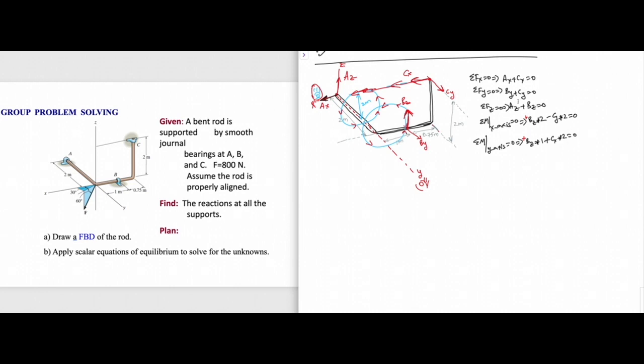What about sum of moments with respect to z-axis equal to 0? With respect to z-axis, AX and AZ lie. AZ is parallel to z, no effect. AX passes through z, so no effect. So what we have left is BY.